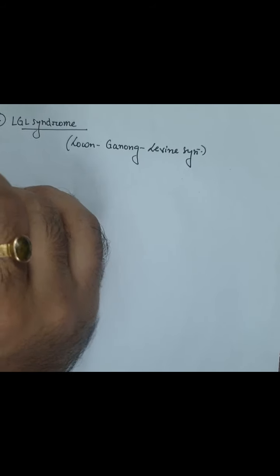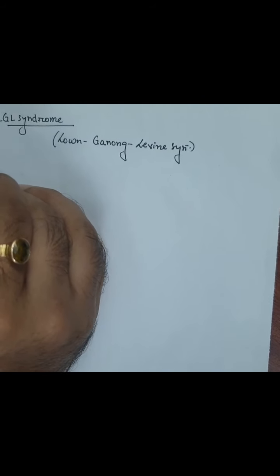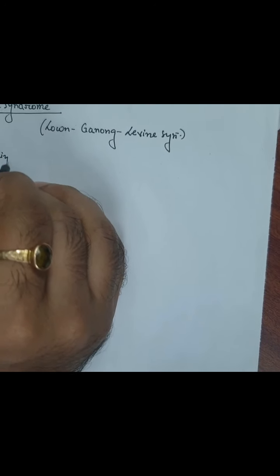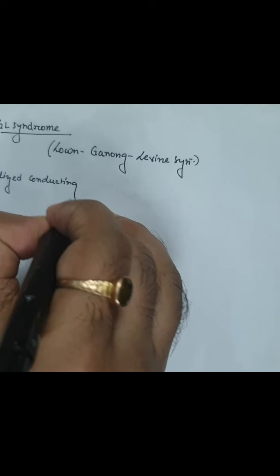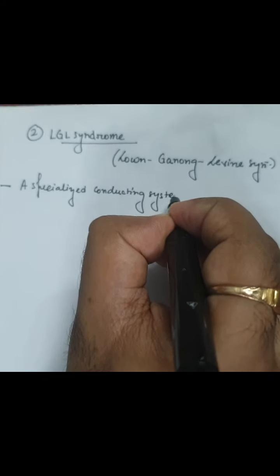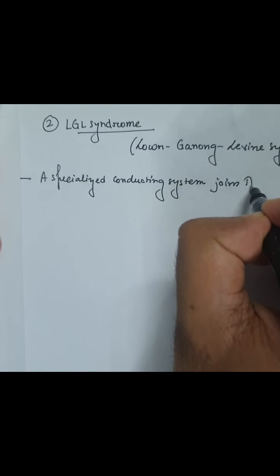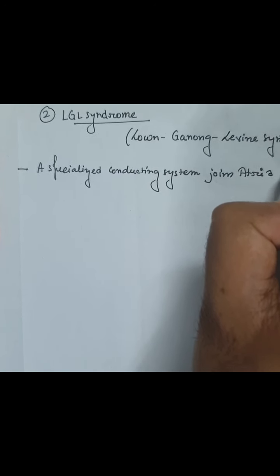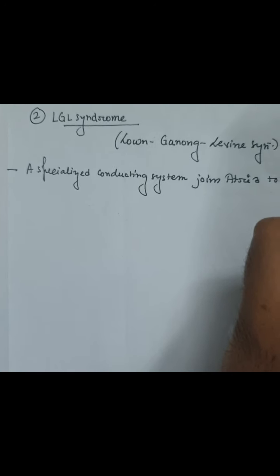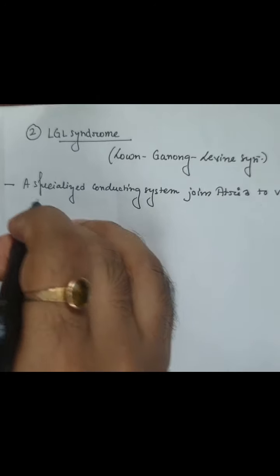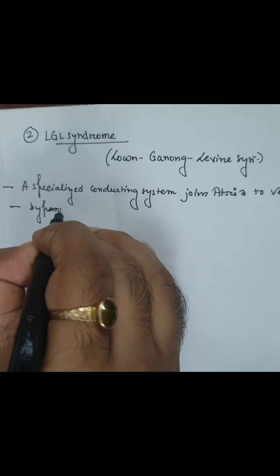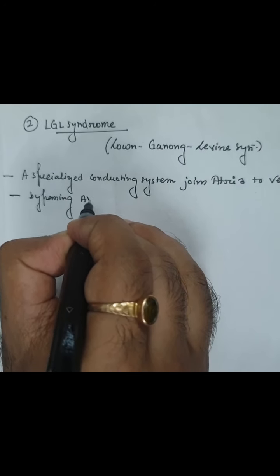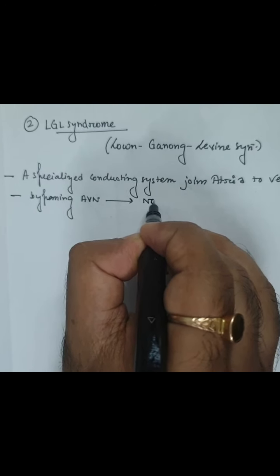And here a specialized conducting system joins the atria to the ventricle, and again it bypasses the AV node. So again, no nodal delay.